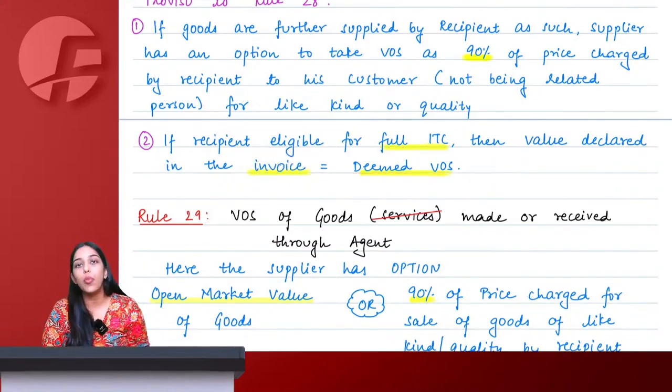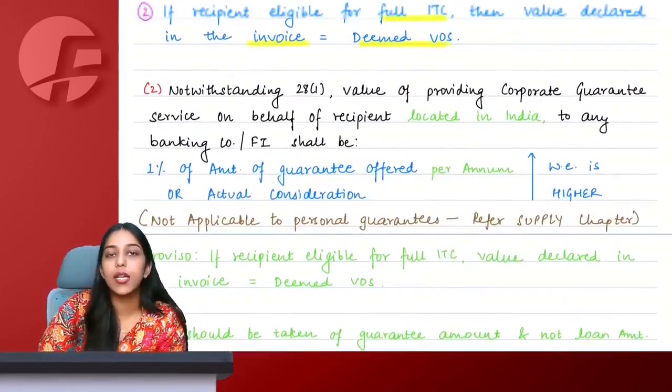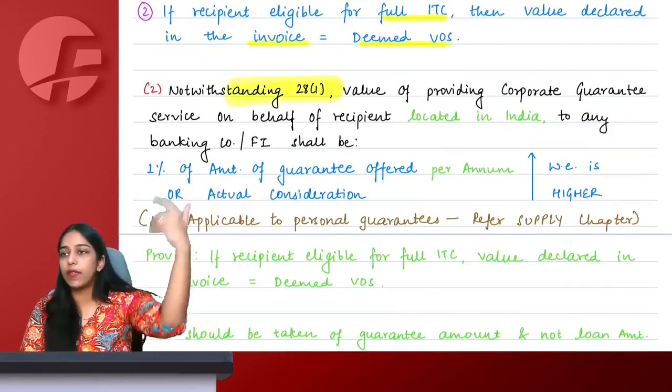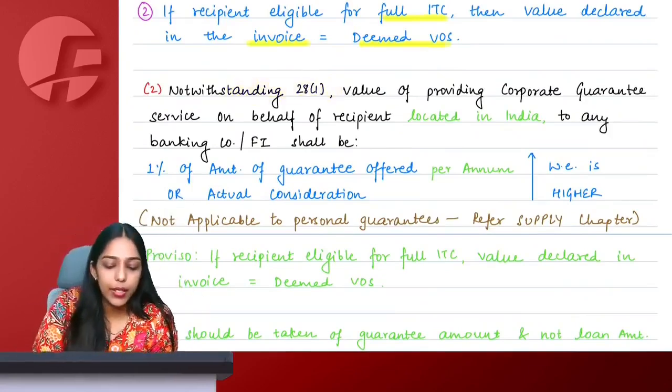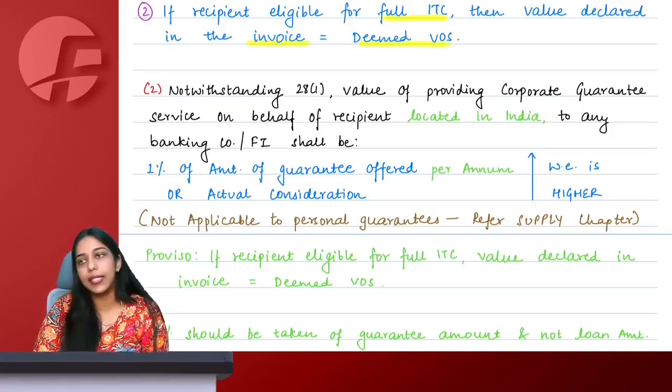Say yes, everyone. Now, particularly talking about Rule 28 Sub Rule 2. Notwithstanding anything in 28.1, you forget whatever you studied in 28.1. Now, particularly for one type of transaction, which is giving of corporate guarantees.